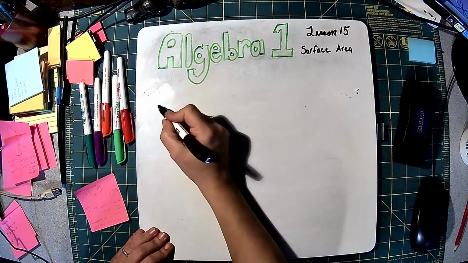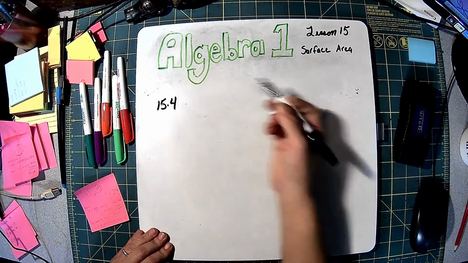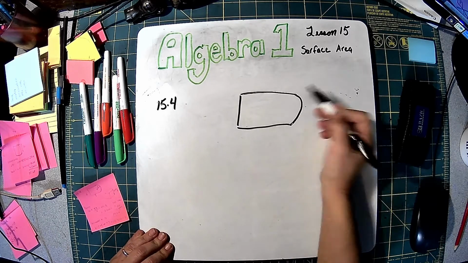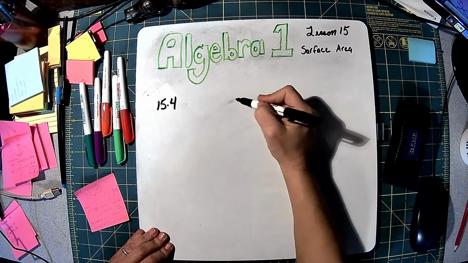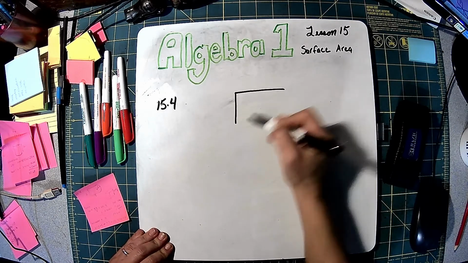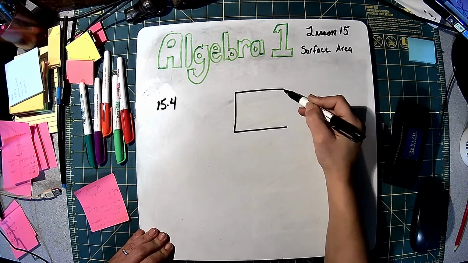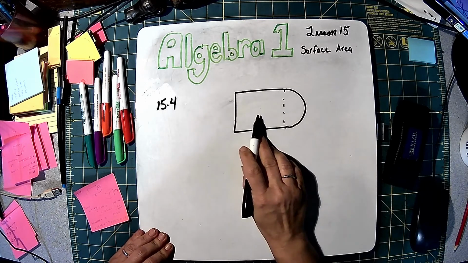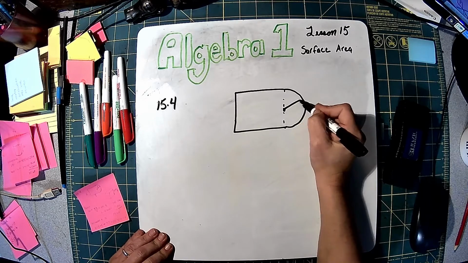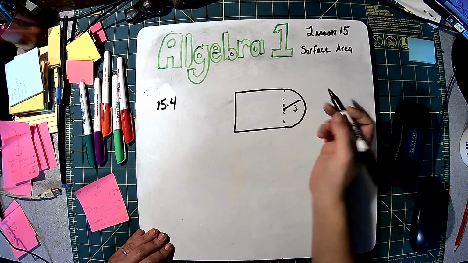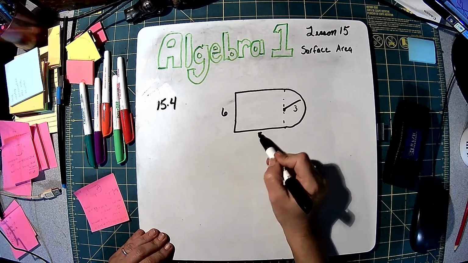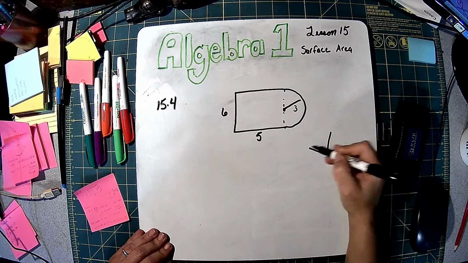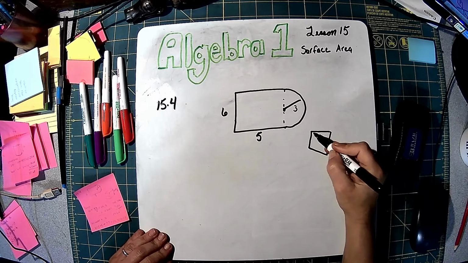This is 15.4. Okay, this shows us the bottom, the base of a shape. It's got a rectangle and then a circular part, a half circle. That's 3, and this is 6, and this is 5. Then it tells us that that same shape looks like this.